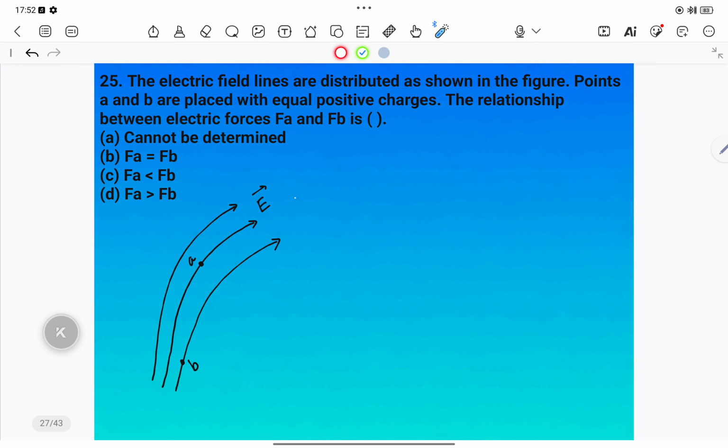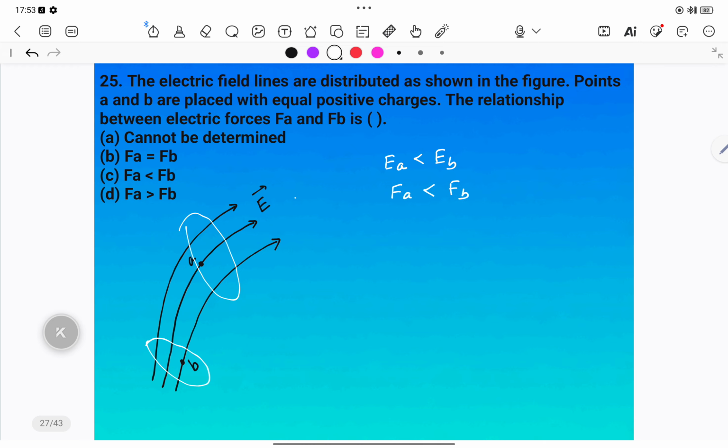Here the two charges are placed at point A and B. At point A, the electric field lines are far from each other, so the strength at point A will be low as compared to the electric field at point B. Here the field lines are more crowded, so the strength at point B will be more. So the force at point A will be less as compared to the force at point B.